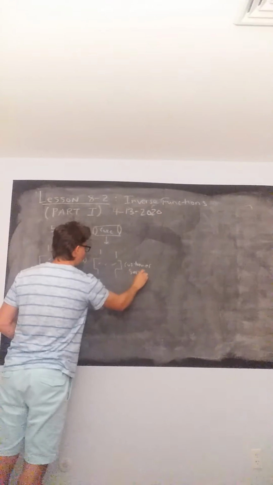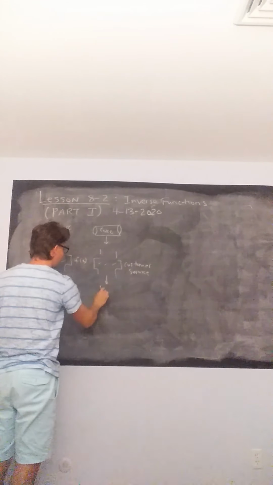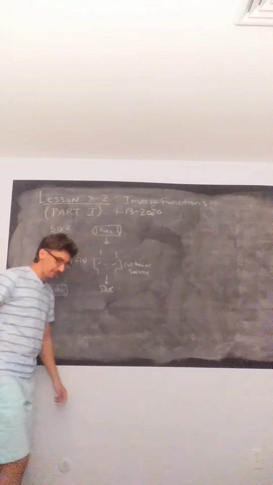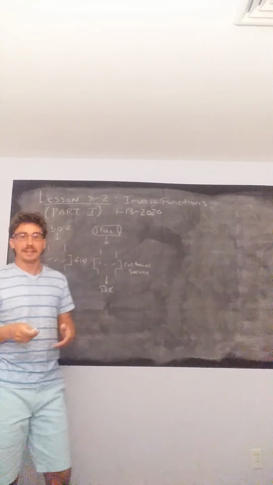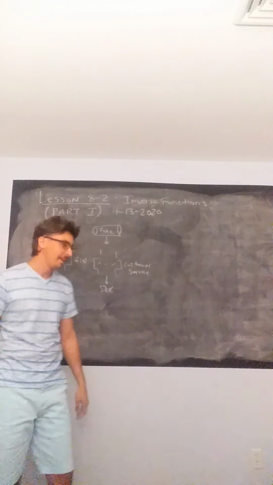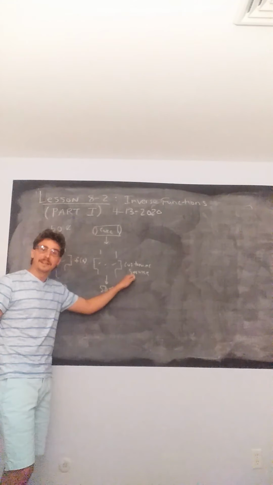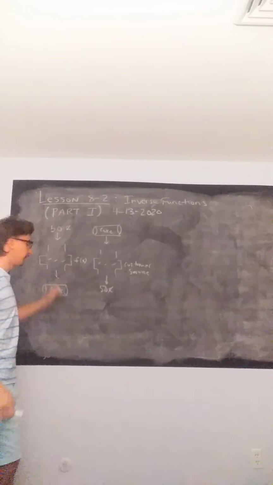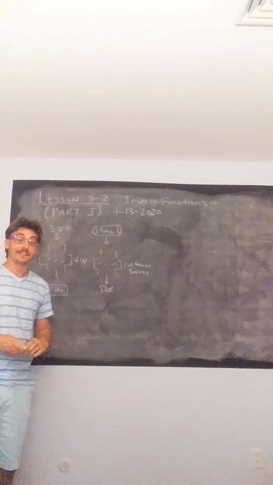So you take that Coke back to customer service and you get your 50 cents back. That's ideally how an inverse function works. Of course, there's much, much more to that. But this is the most basic idea based on our black box and Coke machine idea.